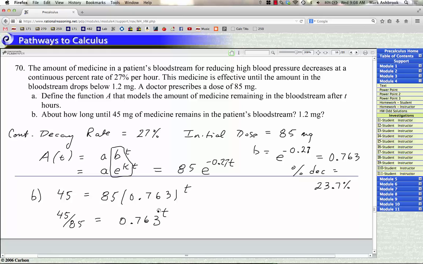How do we find out what t is? It's an exponent, therefore it's a log. Hopefully you didn't all leave your brains on break. t is an exponent, therefore it's a log. Which exponent is it? The exponent of 0.763 that gives 45 over 85.